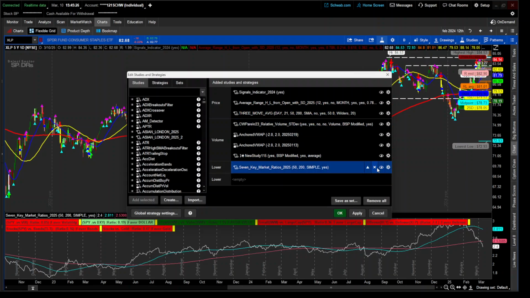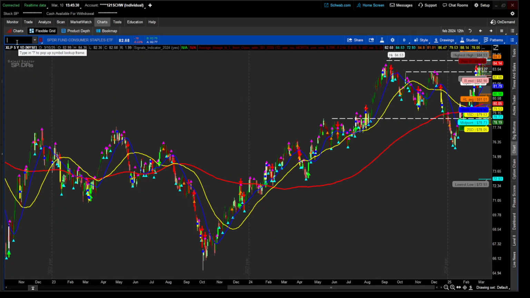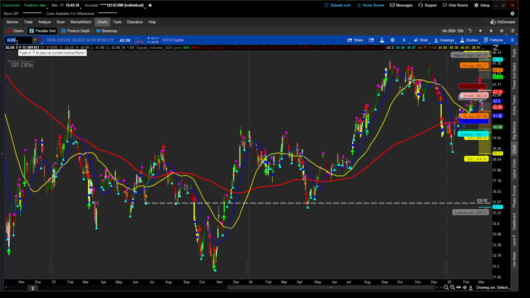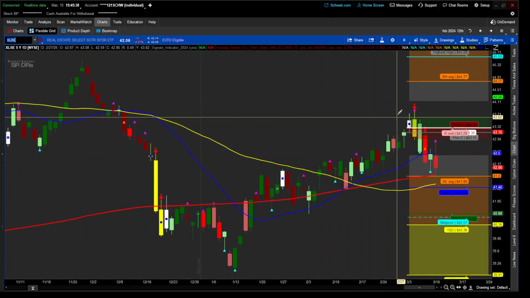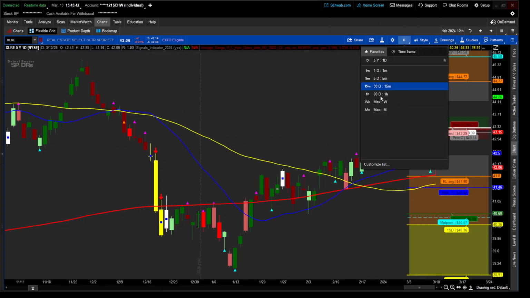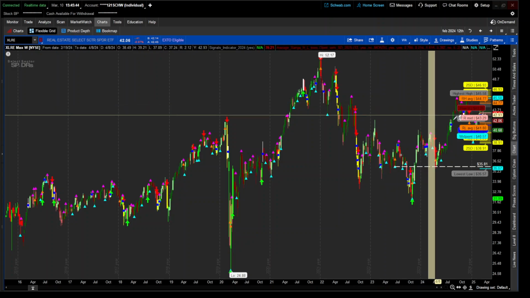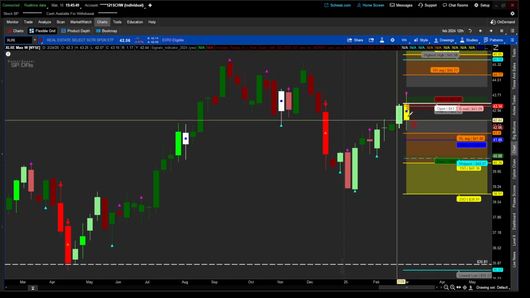So I'm going to take it off and go back to some of the other sectors. We're going to go to XLRE. So this will be the real estate sector. It was pushing up. It had a rough day today, or had a rough last week. So let's go back to the weekly point of view. But it's pushing back up.